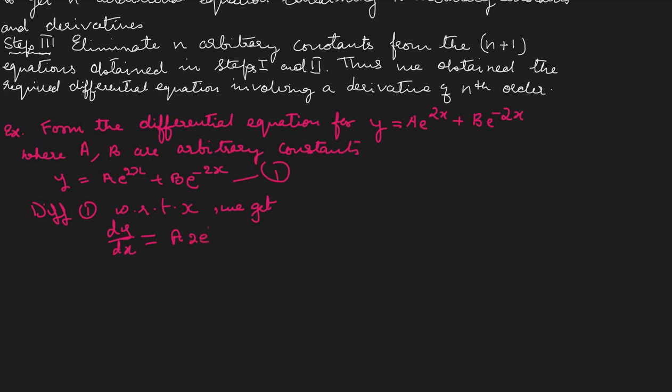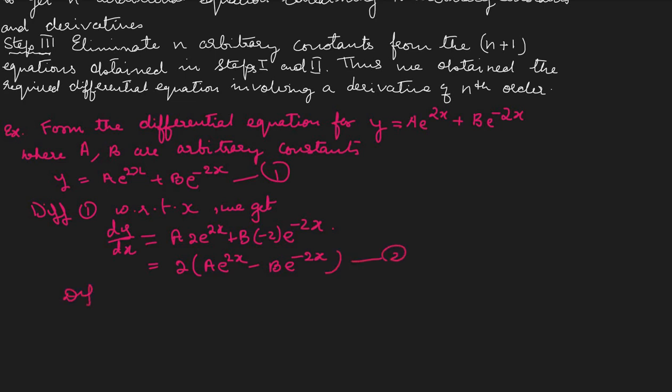It is 2e to the power 2x, and then plus b into minus 2e to the power minus 2x. This can be written as 2, since 2 is common, a e to the power 2x minus b e to the power minus 2x. Name it as equation 2.